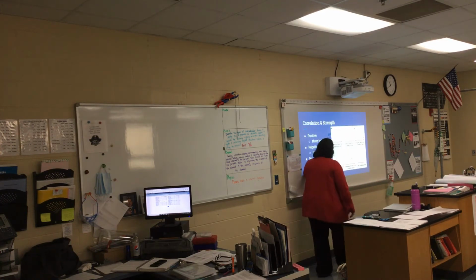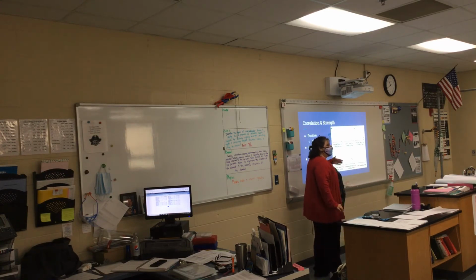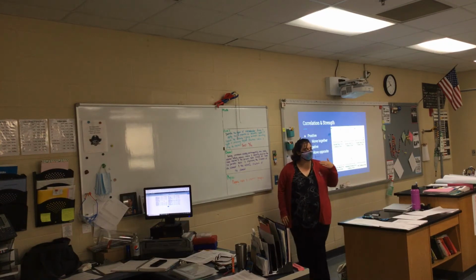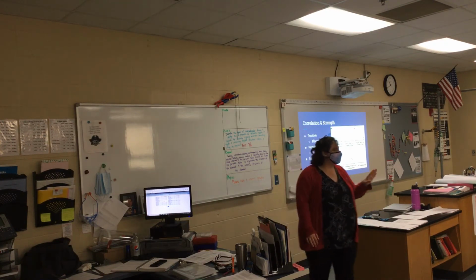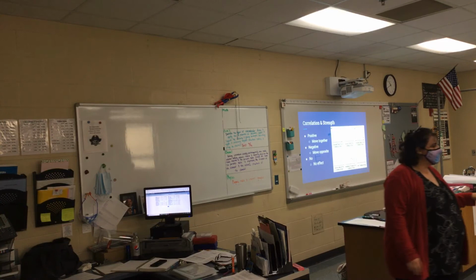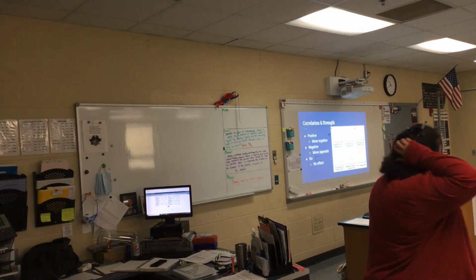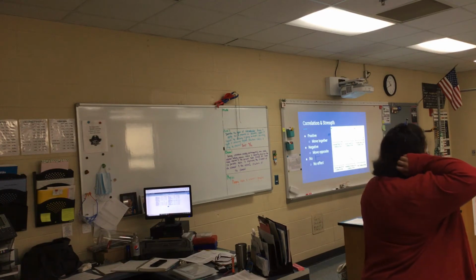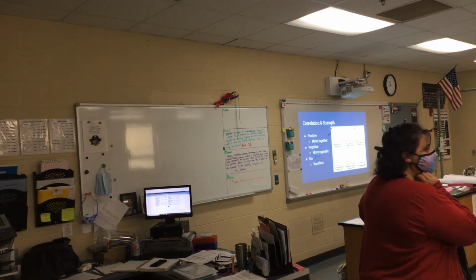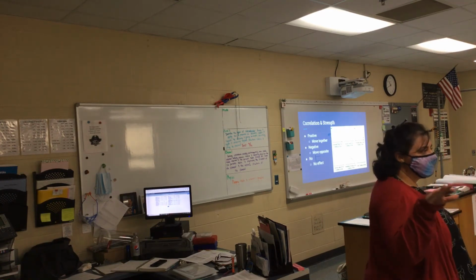For no correlation, no relationship at all, that means our independent variable, as we change it, does not affect our dependent variable. As we change the independent variable, our dependent variable is not affected. We get a horizontal line for no effect. Do you have any questions about that? We're all good. Okay.